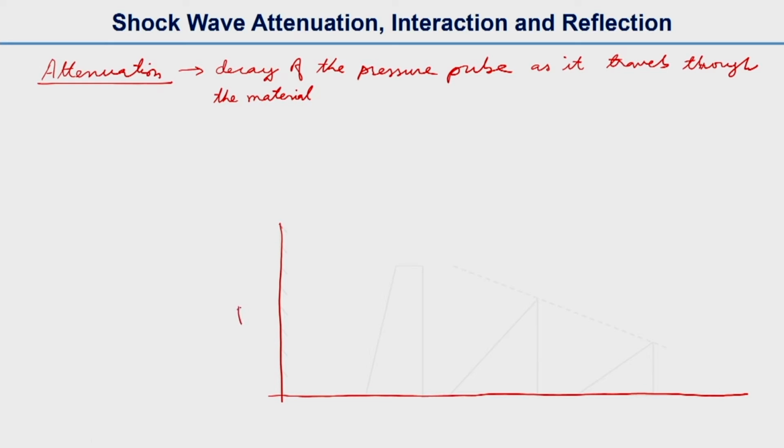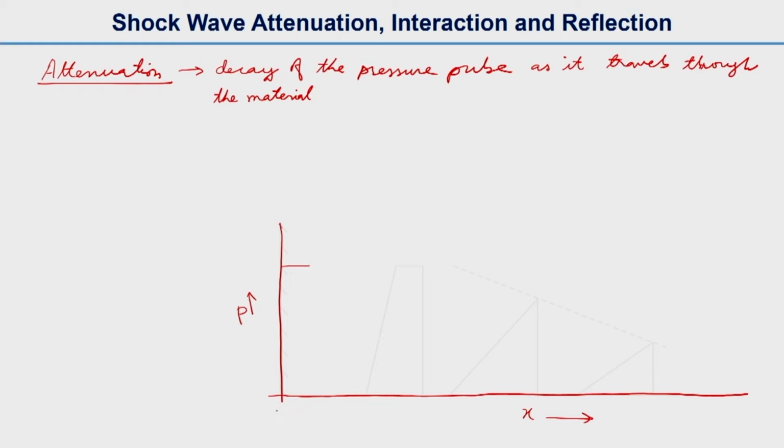We have pressure versus distance. Distance means the distance into the target plate, where the projectile hits the target, and we are measuring this distance into the target. Suppose the projectile hits from the left-hand side, and we will see the pressure pulses here in the target.